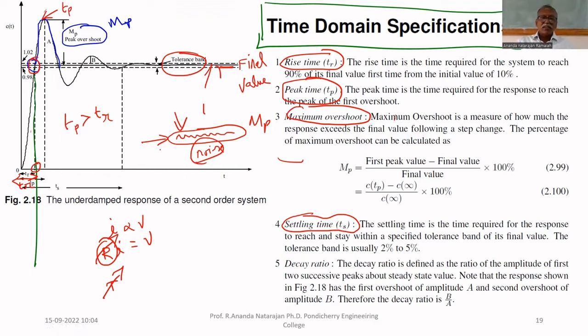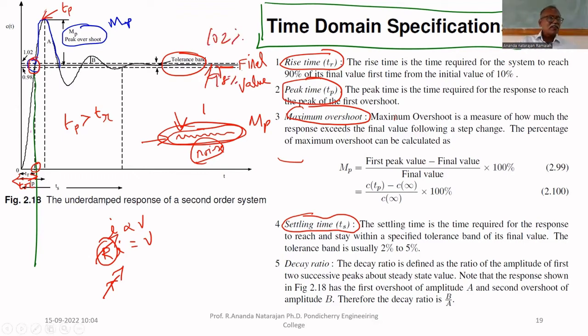That is noise, and because of that noise, we take some tolerance. Say I am taking a 2% tolerance. If it oscillates within 2%, that is between 98% and 102%, I say that it is settled.